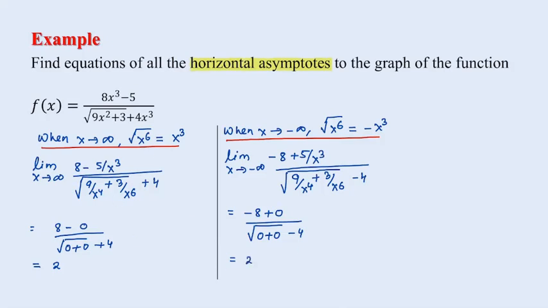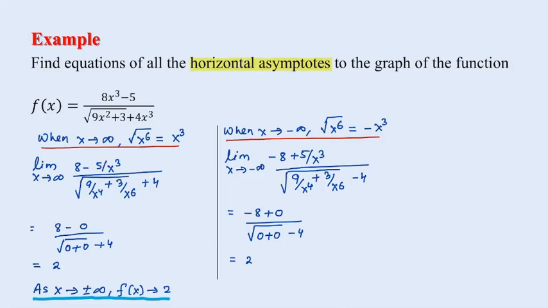So in both cases, as x approaches plus or minus infinity, we saw that the function approaches 2. When x approaches positive or negative infinity, the function approaches 2. This is the confirming statement that tells us that y equals 2 is the equation of the horizontal asymptote.